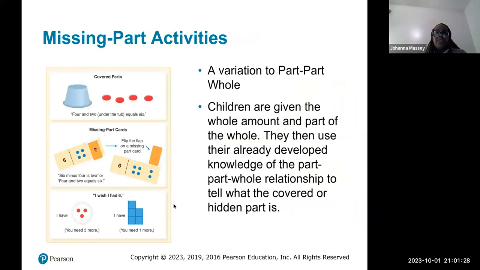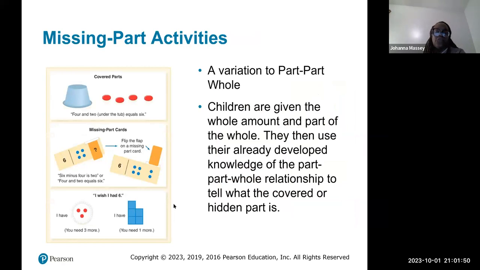All right, then we have this. There are some more games that we could play, a variation of part-whole relationship. Let's say you have 5 or 6 dots, and you cover up two, and then you find out how many dots are on the outside.